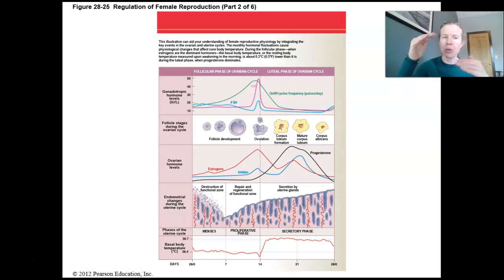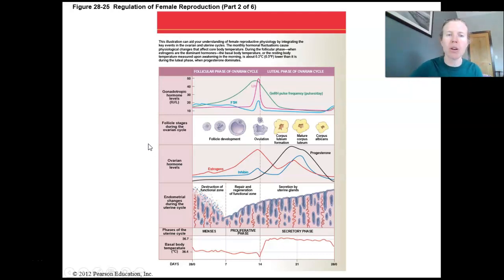So we kind of have these two simultaneous cycles: an ovarian cycle, right? So what's going on at the ovary, follicle development, corpus luteum, corpus albicans, and then what's going on at the uterus, the uterine cycle, menstruation, the proliferative phase, the secretory phase, and back.